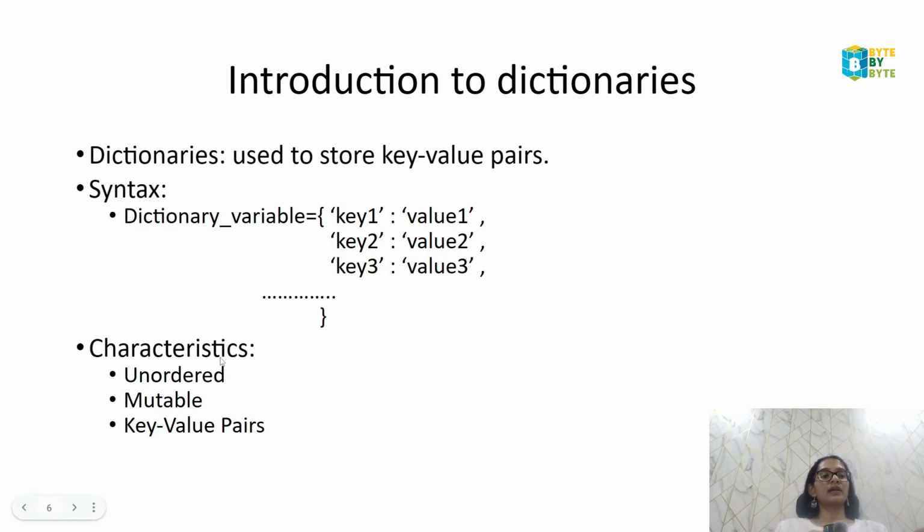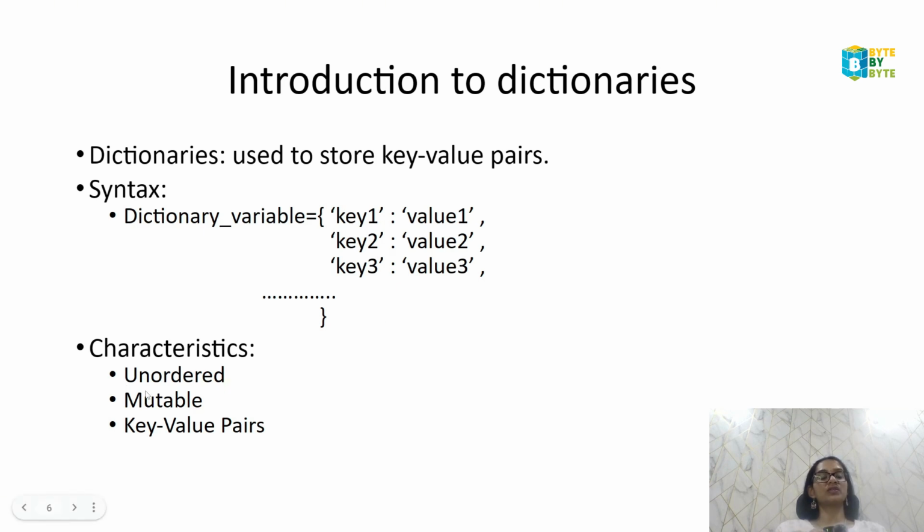Now the characteristics of dictionaries. Dictionaries are unordered. Unordered means there will not be any default indexing given by Python. So if you want to search something, you should know the keys first. With the help of keys, you can go to the values.